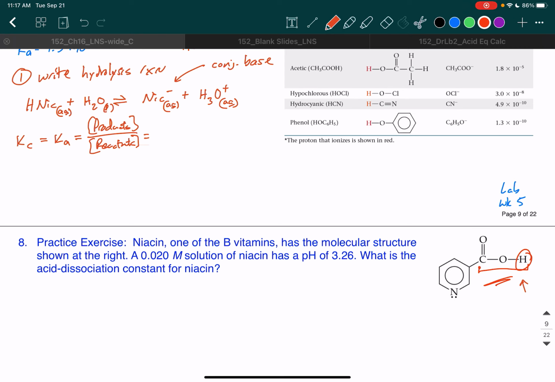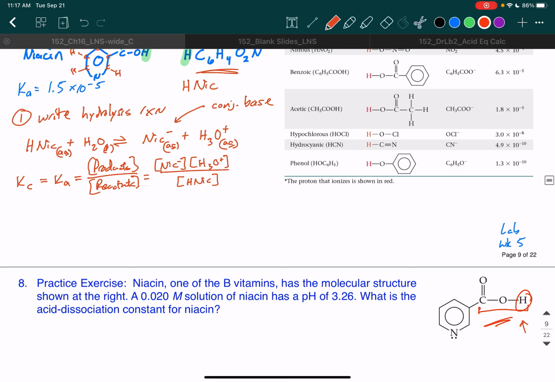The products here are the concentration of the conjugate base and the concentration of hydronium, divided by the concentration of our original acid, HNic. And then that Ka value is given in this problem.